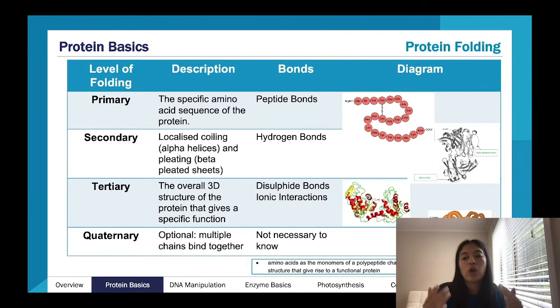And then we're moving on to our tertiary level. This is where the main stuff is. This is where we get the main structure of the protein. We're folding a little bit more, and these are a bit more complex than our simple hydrogen bonds. So we're getting ionic interactions, we're getting disulfide bridges, which is basically two sulfur atoms bonded.